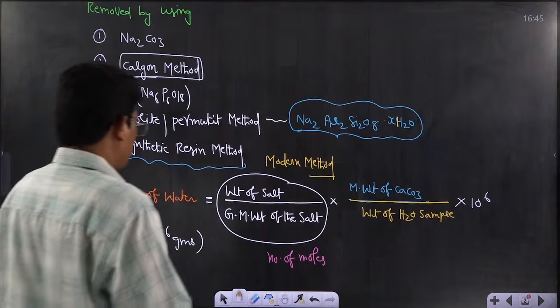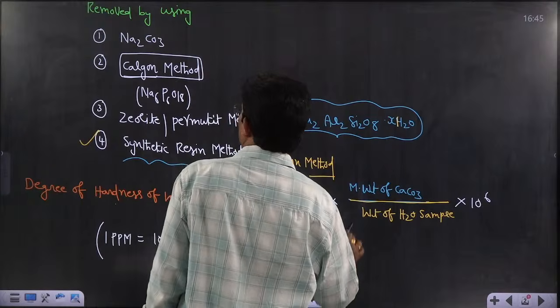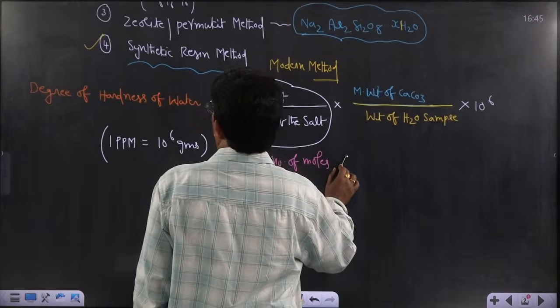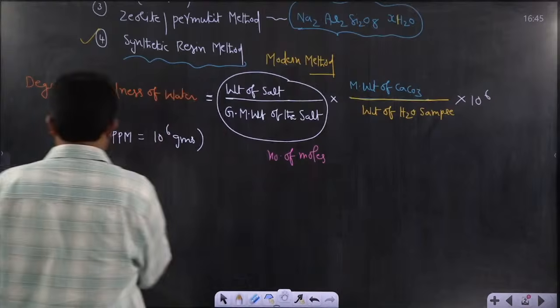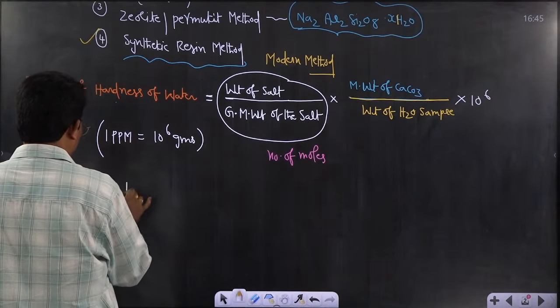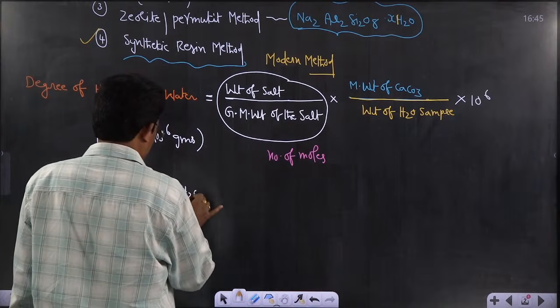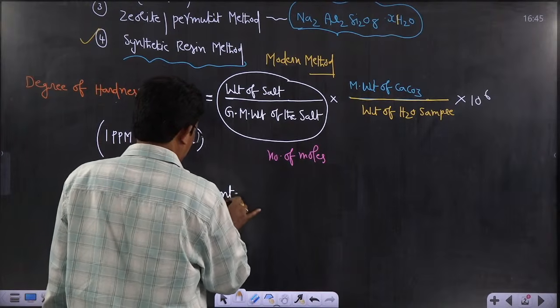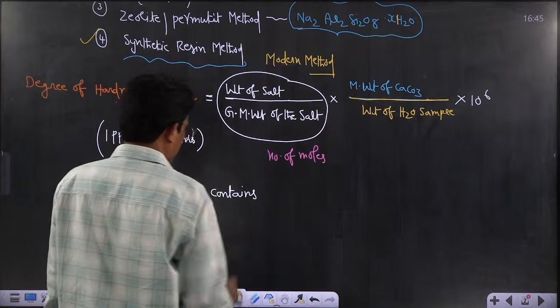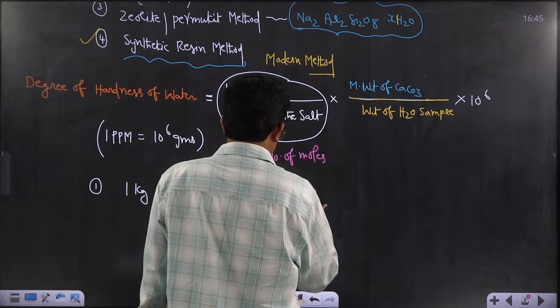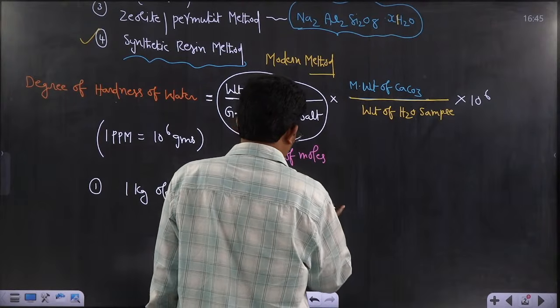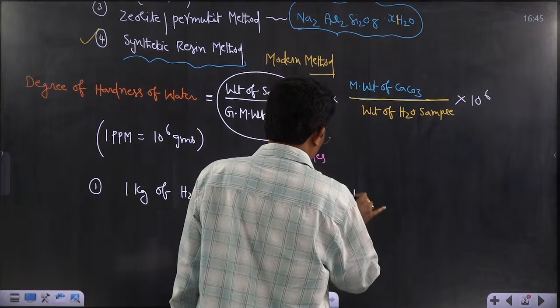Write one problem. One kg of water contains 120 grams of MgSO4.